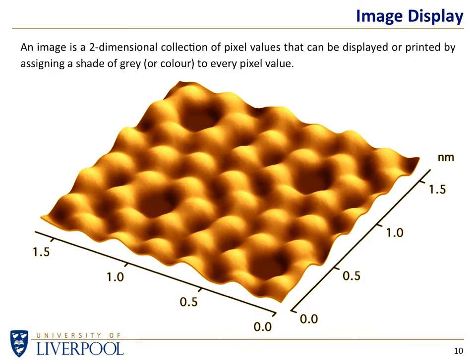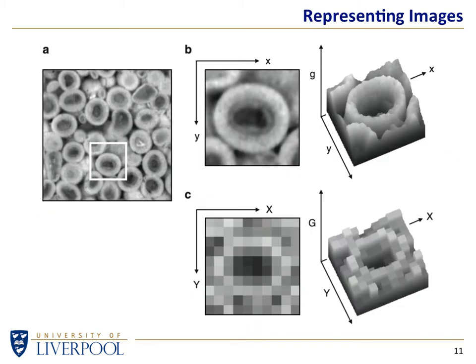If we're dealing with a microscope that does height information as well as position in X and Y, then we can draw a three-dimensional surface. This is that same silicon surface, and the scale here, you noticed, is a few nanometers.